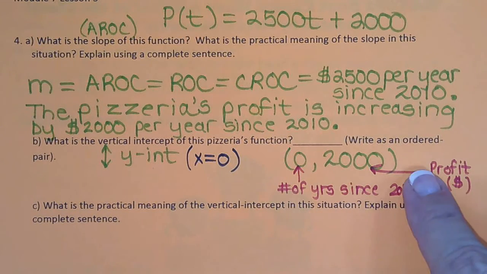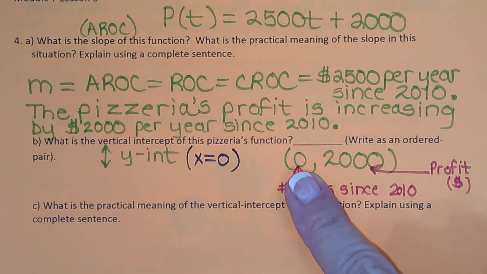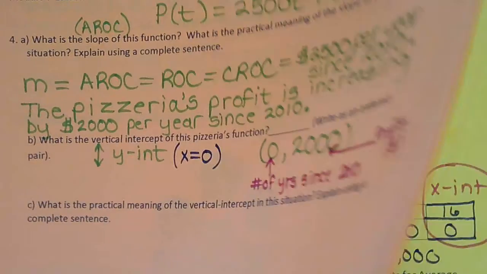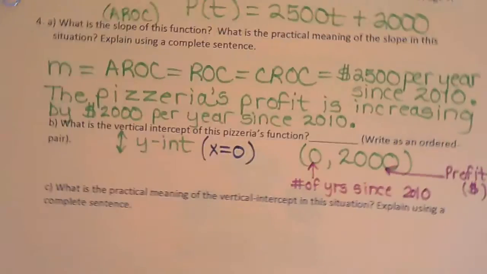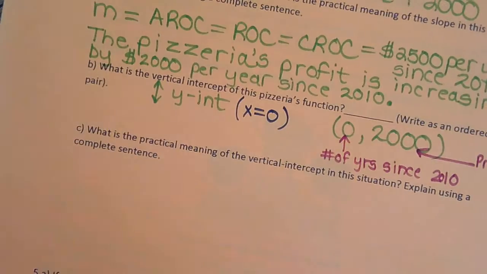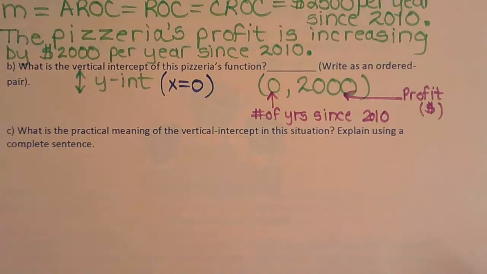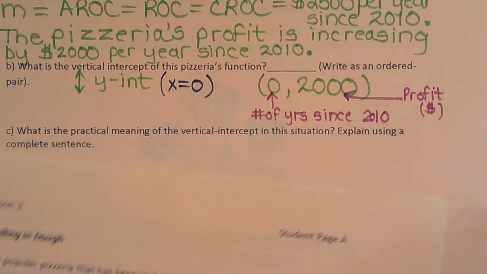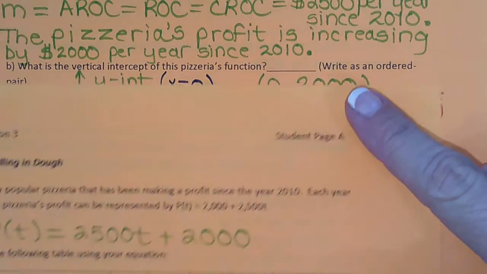So as soon as I wrote my ordered pair, I labeled what each thing was from our previous, let's see, gotta find the page, sorry. So I went back to the table, and X is the number of years since 2010.